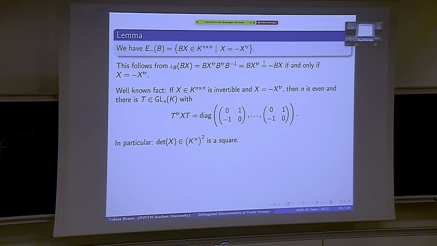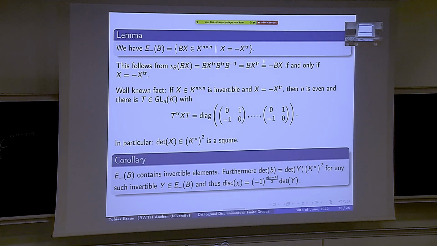So we want the determinant of B, and so what we can do is we just compute the determinant of B times X, and because the determinant of X is a square, we can just ignore it, and we're left with the determinant of B. So the point is, we just need to find any invertible element in the set E minus B. Let's say we call it Y, and then the discriminant is up to a sign just the determinant of Y. Just because of the fact that the elements here look like this, and if we find an invertible element here, if you compute its determinant, you're left with the determinant of B, because the determinant of X is a square. Very simple.